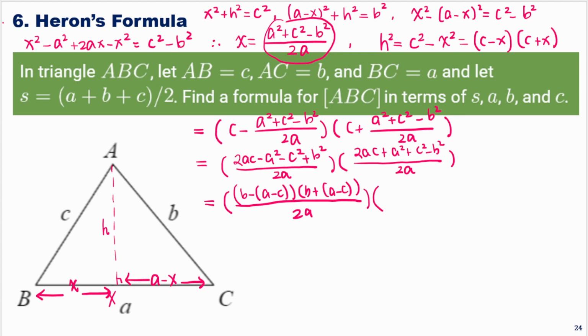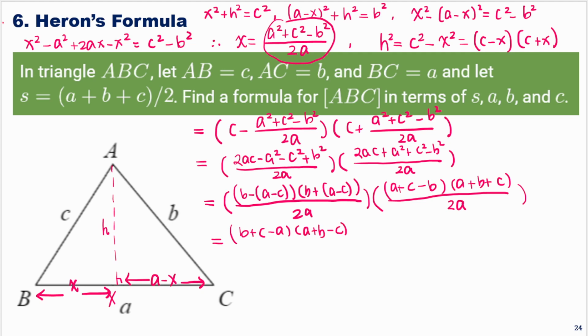And the second factor can be simplified to (a plus c minus b) times (a plus b plus c) over 2a. And then simplify this. The product is (b plus c minus a) times (a plus b minus c) times (a plus c minus b) times (a plus b plus c) over 4a squared.